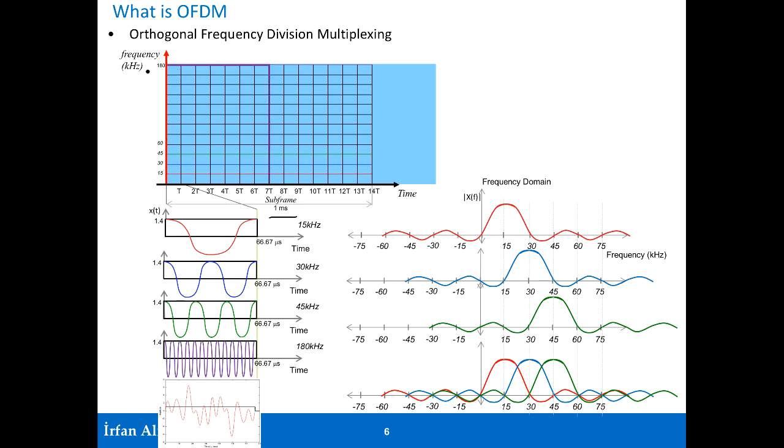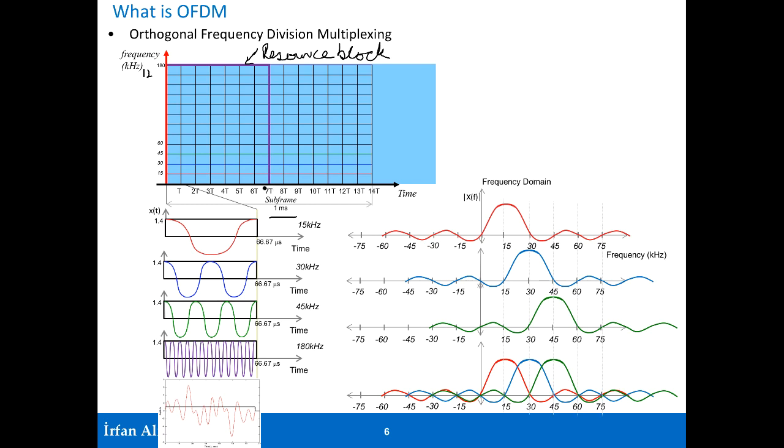Also, the important thing is that we consider 12 harmonics from 15 kilohertz to 180 kilohertz. These 12 harmonics together with 7 OFDM symbols is what's called a resource block. So this is called a resource block in LTE, which is nothing but 12 harmonics and 7 OFDM symbols.